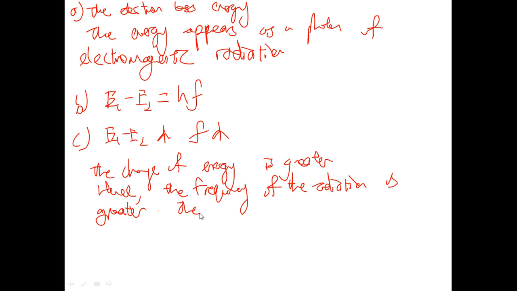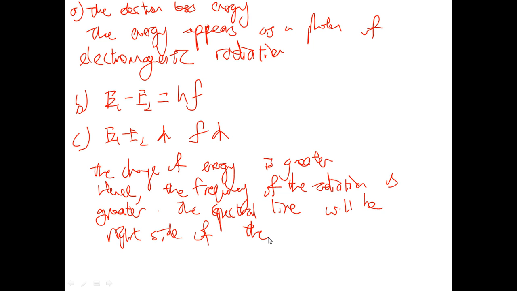So the spectral line will be right side of the line shown in the diagram.